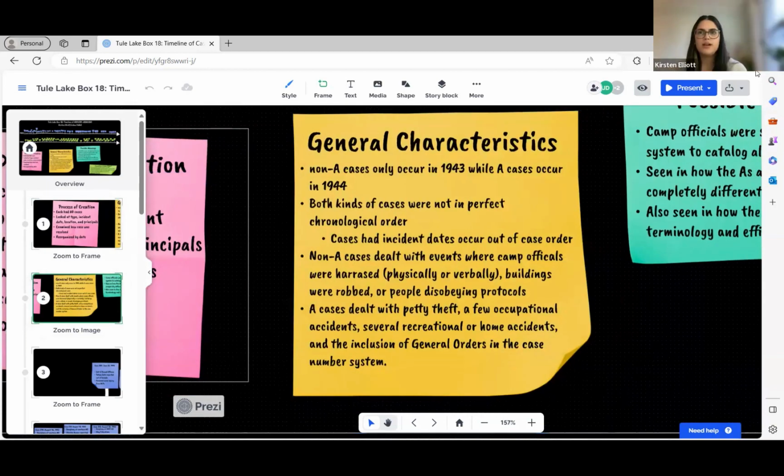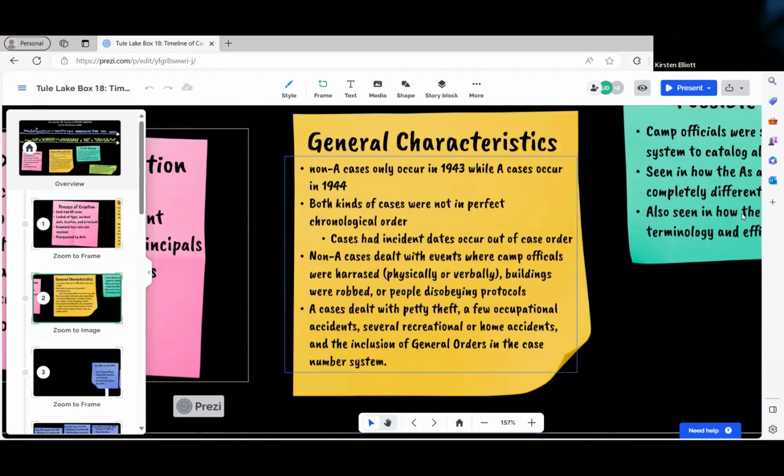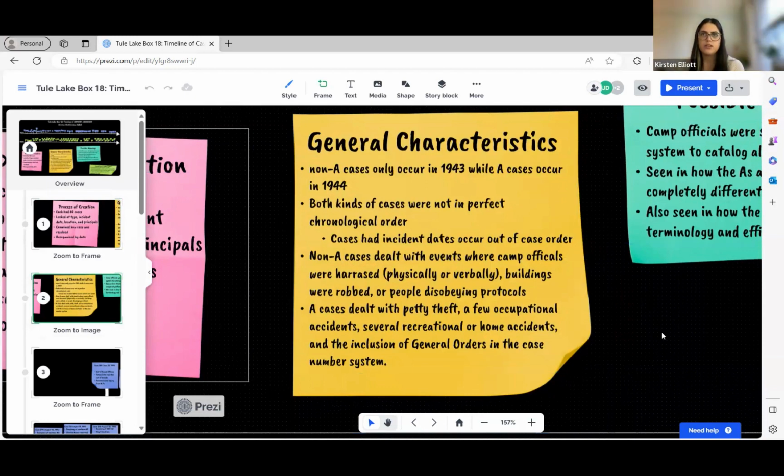So the non-A cases only occurred in 1943, while the A cases occurred in 1944. One of our main goals in doing this was to see if there was any overlap between the two, because they were filed as if they were the same case. The dates were jumping back and forth between 43 and 44, and we wanted to separate the non-A's and A's to see if there was overlap.